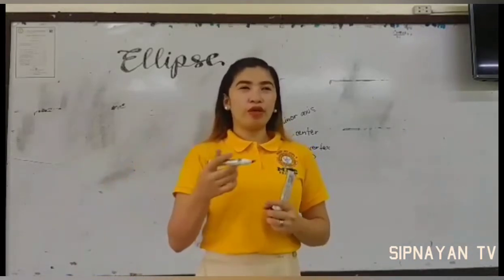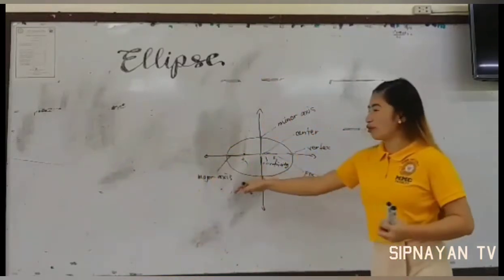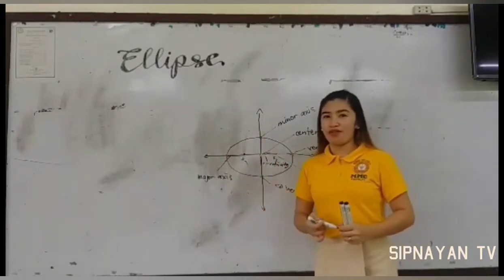So when we're going to solve the equation of an ellipse, we will find those points or those properties in the graph of the ellipse.